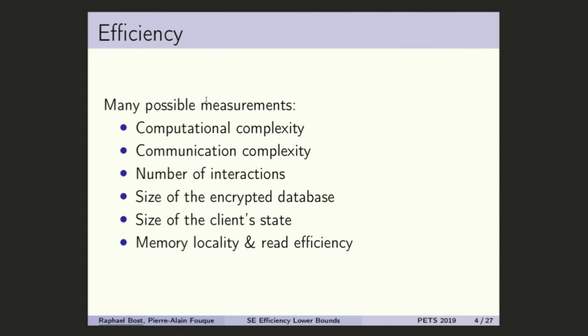You can look at the size of the encrypted database, the size of the client state, and even, there is a very nice and very cool line of work these days on the locality of the memory accesses you're going to make to search a document among an encrypted database. And actually, there have been some very hard lower bounds on these things.